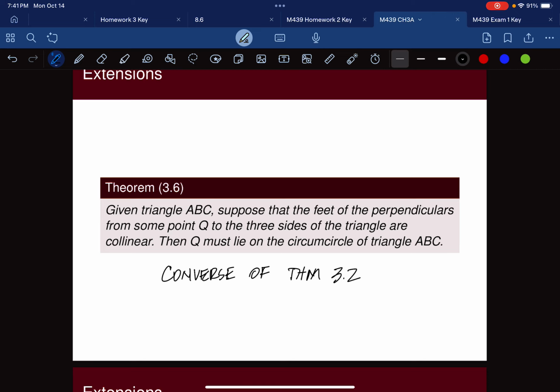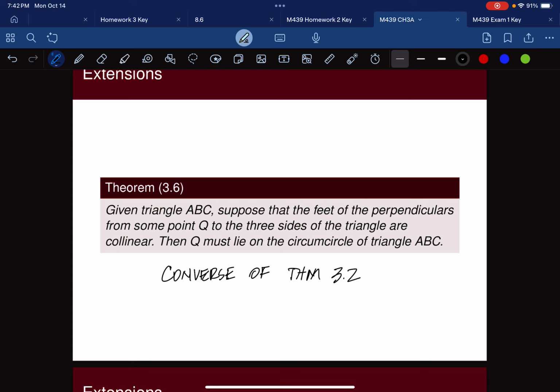In theorem 3.2, we chose Q on the circumcircle, constructed its three feet of perpendiculars, and found that surprisingly they were collinear. That's Simpson's theorem. So what this shows is that the converse of Simpson's theorem is actually true as well. So it's a biconditional, meaning that it works both directions. Fairly difficult to prove. Your book has a nice proof of it, and I'll let you read that there.